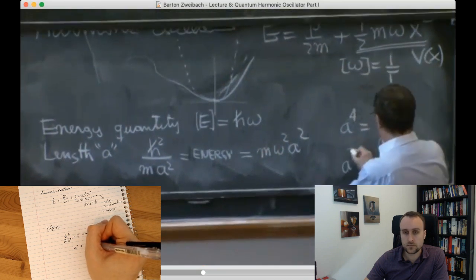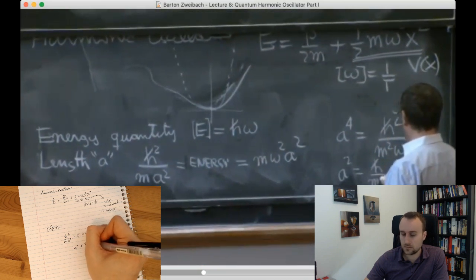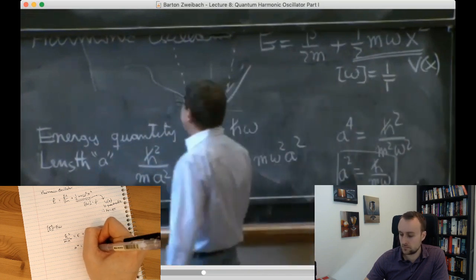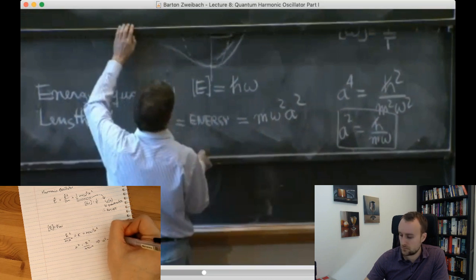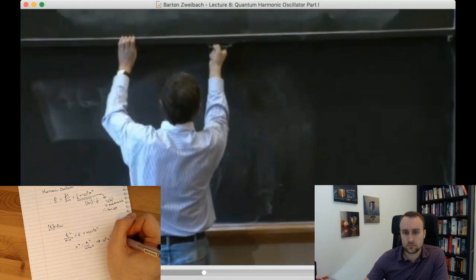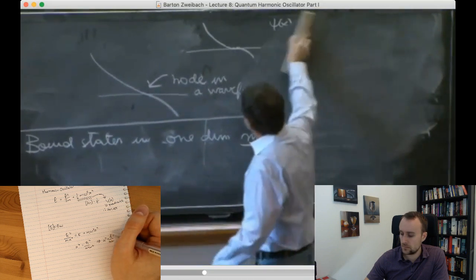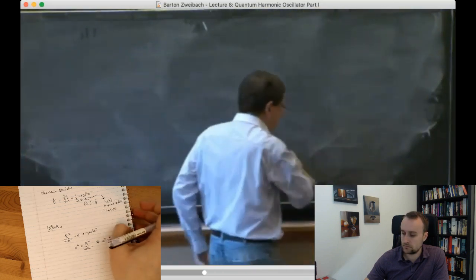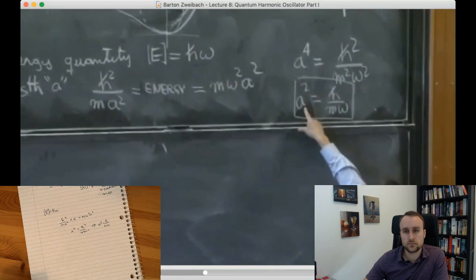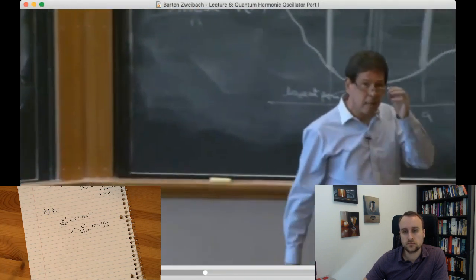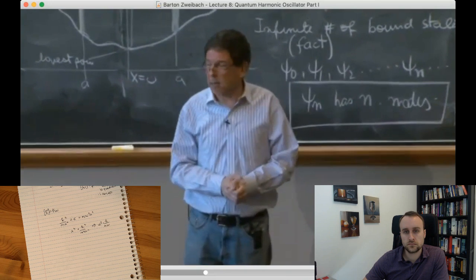And it's a little complicated, so a squared is h bar over m omega. So that's a length squared. I don't want to take the square root; we can leave it for a moment. But that's important because that's a length scale. If somebody asked you, in the ground state, how far is this particle oscillating? You'll say, probably about the square root of this would be the natural answer, and probably about right.